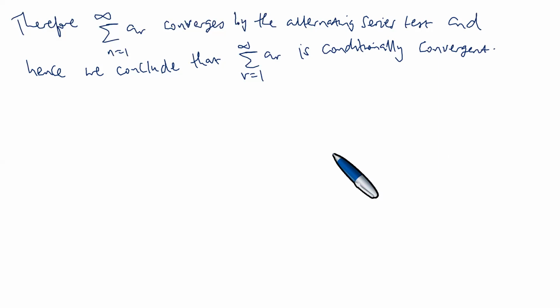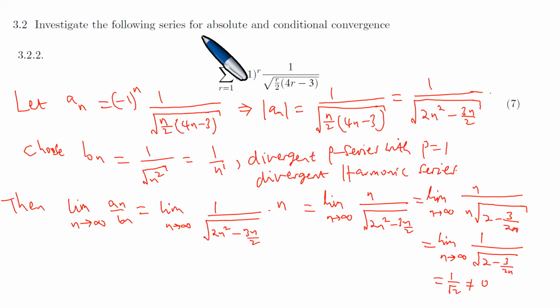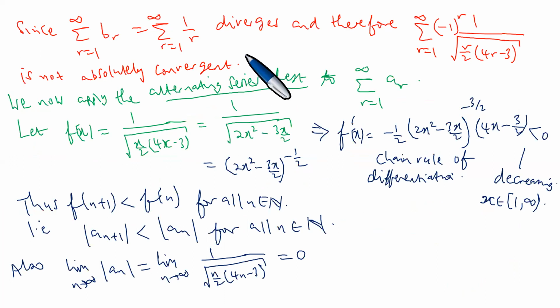Because we're supposed to, at this question, investigate the following series for absolute or conditional convergence, and we've achieved conditional convergence of this series here.